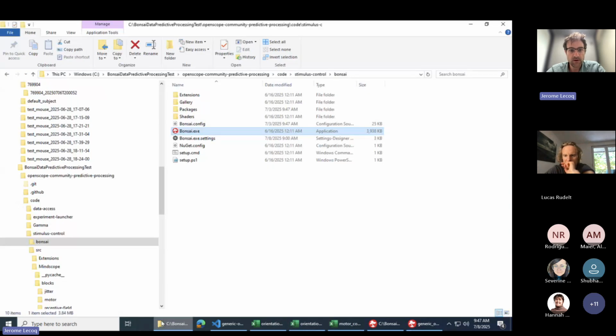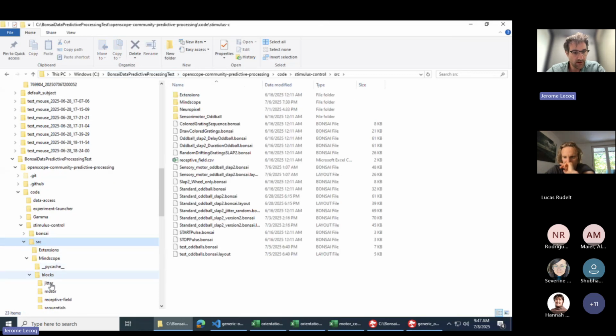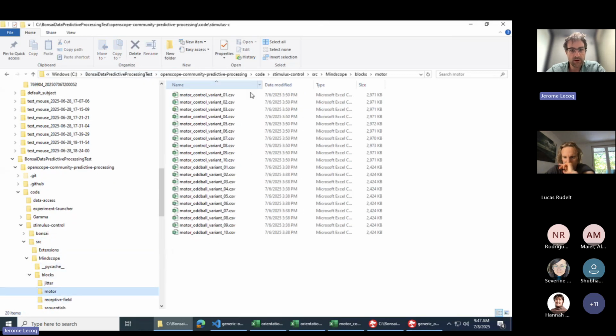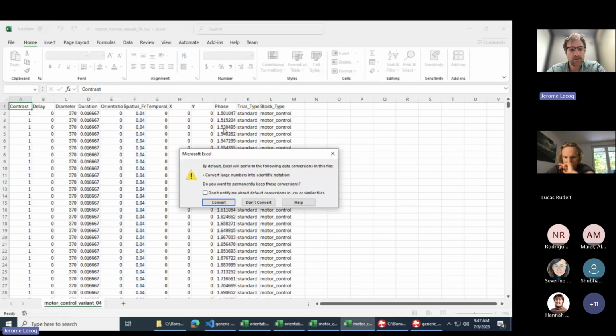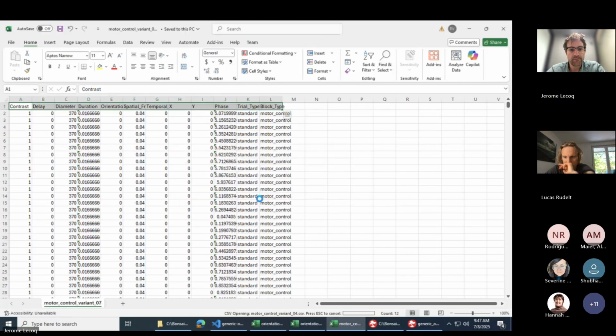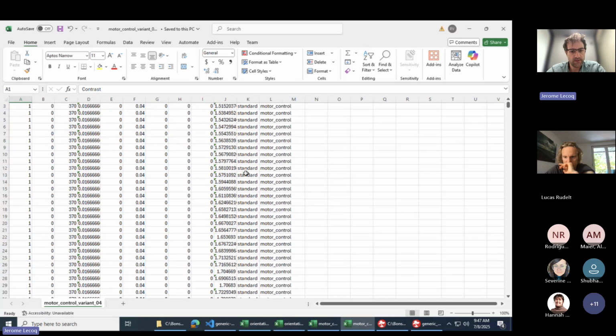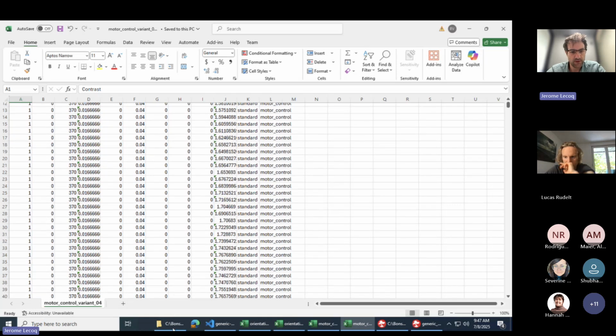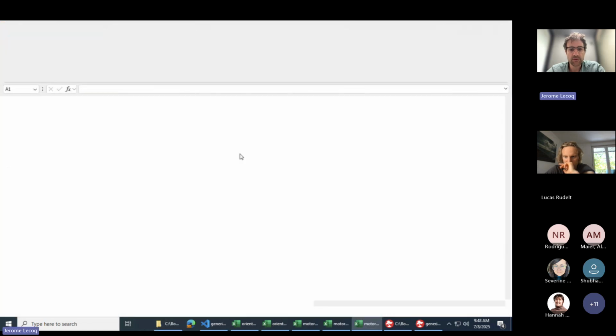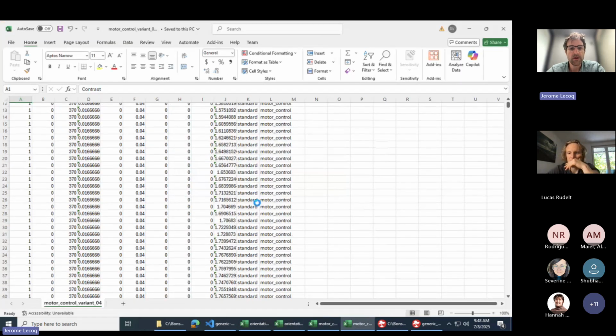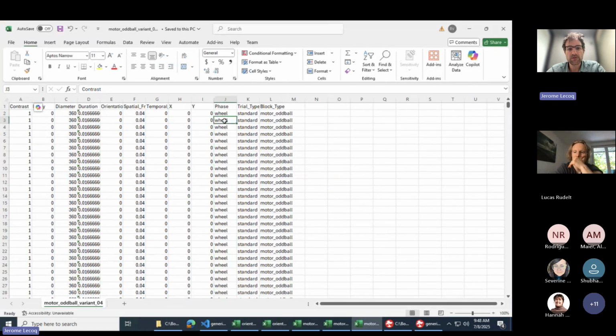So if I open a certain CSV, let me show you that part. If I go to a motor ALBO block here, the CSV for that, you see that, oops. Oh, this is a control block, sorry. I need to open this one. So there are two types of motor ALBO blocks. Remember, there's one where the phase is controlled by the mouse.